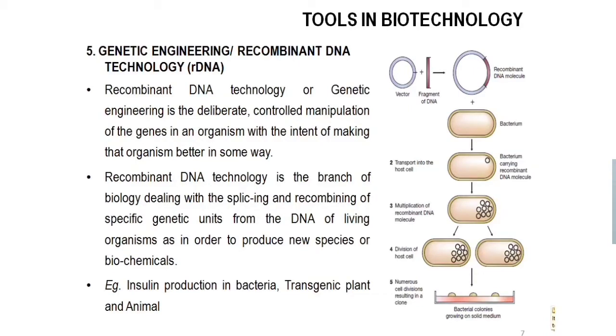This recombinant DNA molecule is then transferred into a bacterium or host cell. For that, we use many gene transfer techniques like transformation, microinjection, biolistics or microprojectile bombardment, and electroporation to transfer genetic material into the host cell.